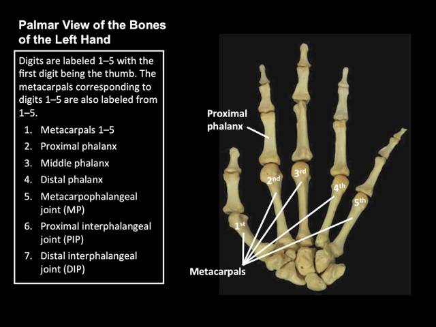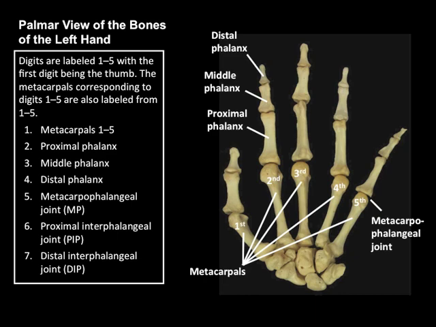The first bones distal to the metacarpal are called the proximal phalanx. The bone distal to the proximal phalanx is called the middle phalanx. And the bone distal to the middle phalanx is known as the distal phalanx. The joint between a metacarpal bone and the proximal phalanx is known as a metacarpophalangeal joint, or MP joint for short.